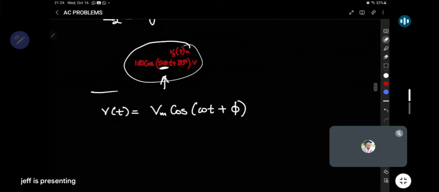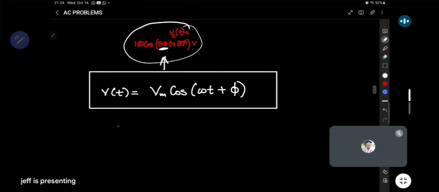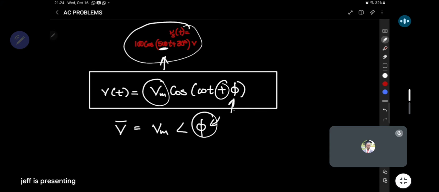So if you have a supply controlled by this expression, then the corresponding phasor voltage from such a supply will be equal to the peak voltage, then phase, that angle there, the phase angle. If it's a minus here, even this will be minus.